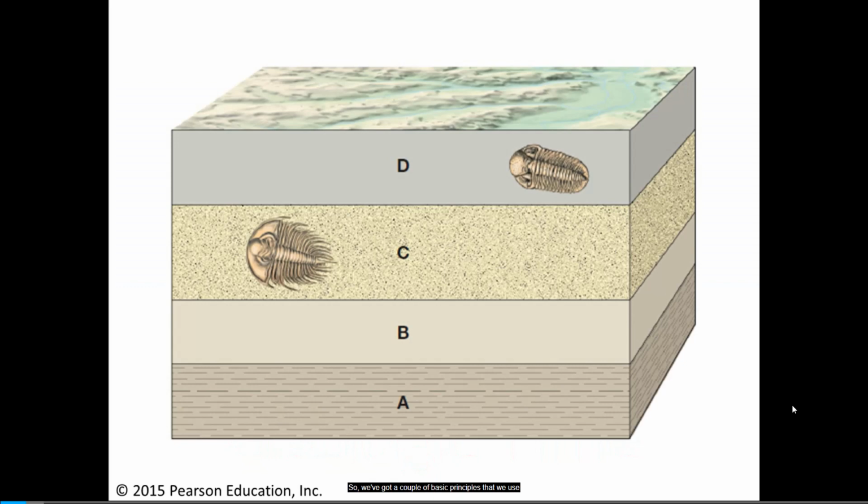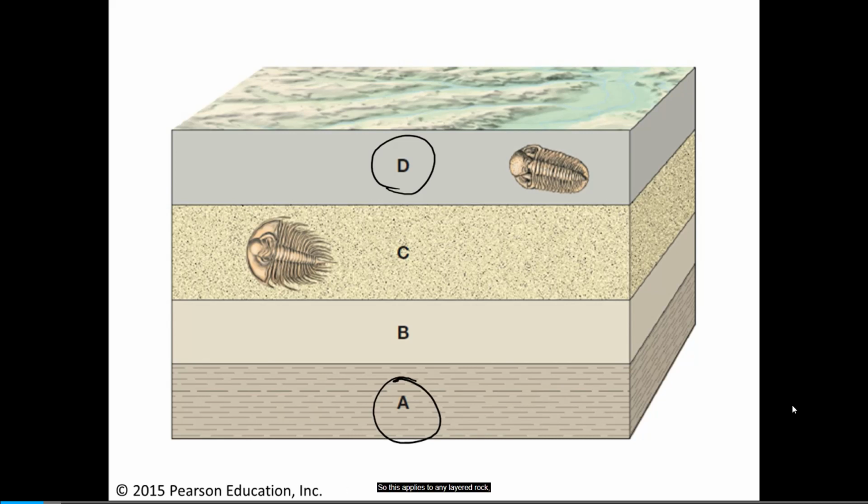So we've got a couple of basic principles that we use when we are thinking about how old rocks are. The first of them is the principle of superposition, which says in layered rocks that form on the Earth's surface, such as sedimentary rocks and also volcanic rocks, the ones at the bottom are the oldest, and then the ones at the top are the youngest, because these things are forming on Earth's surface.